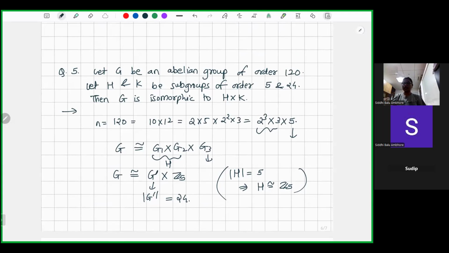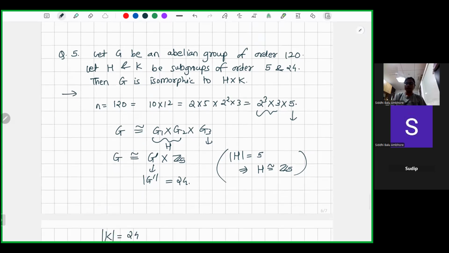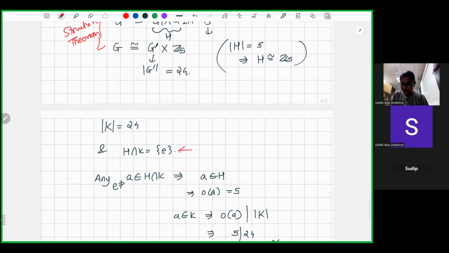So G has to be the direct product of these two groups, one of order 5 and the other of order 24. We started with this information, first we got this using the structure theorem. Then we saw that the intersection is the identity, so overlapping is not possible.